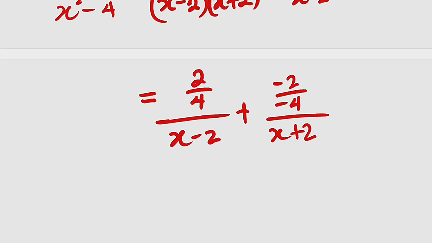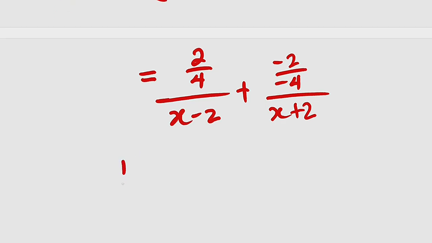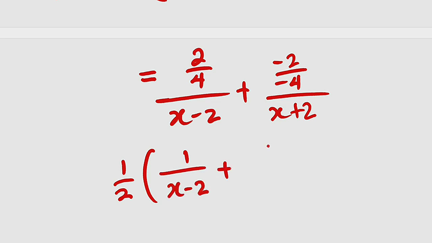So this is what we need to simplify. If you simplify this, you have 1 over 2. This is also 1 over 2. So you have 1 over 2 as a factor. Then inside you have 1 divided by x minus 2 plus 1 divided by x plus 2.